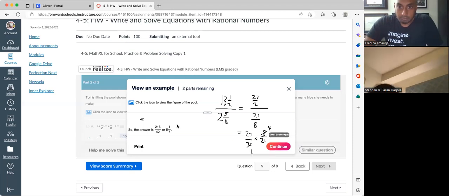We can reduce this to 9. 7, and 9? So 9 times 4 is what? 36. And 7 times 1 is? 7. Okay, so how many times does 7 go into 36? That's your whole number part. That's 5.